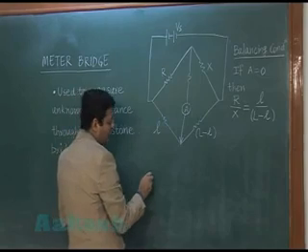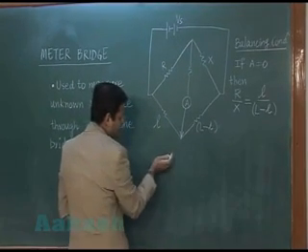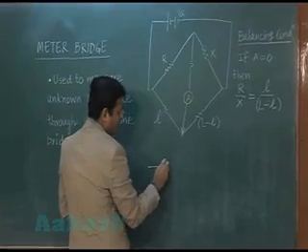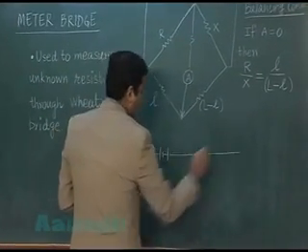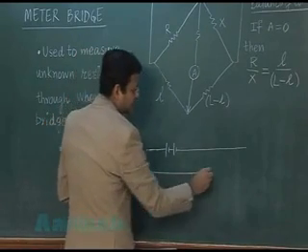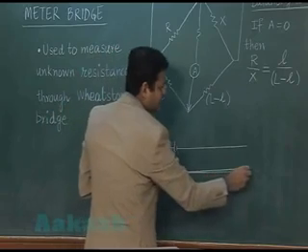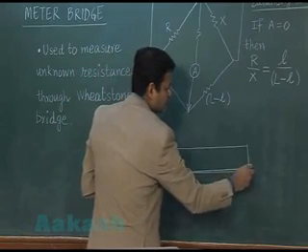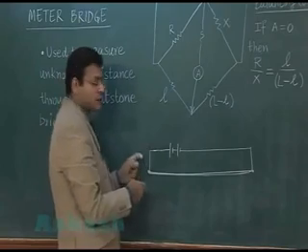In a potentiometer there is a supply voltage which is connected to a resistance. That resistance was in the form of a thick wire. Here some other slots are also made.